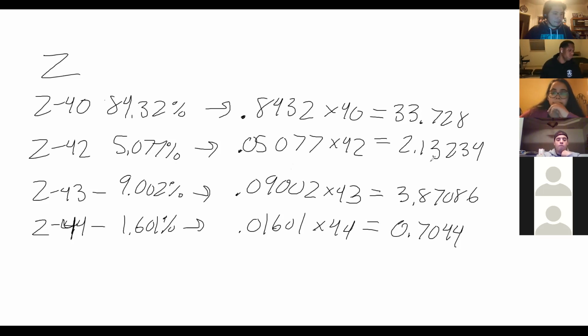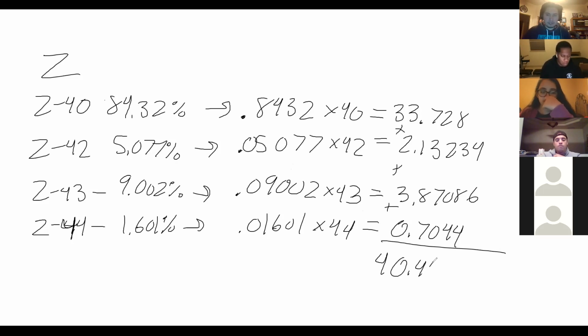Let's round this to the second decimal place just to save time. If you add all these numbers up, our final answer, which would be the molar mass of just Z, is 40.44, either AMU or grams per mole, technically.